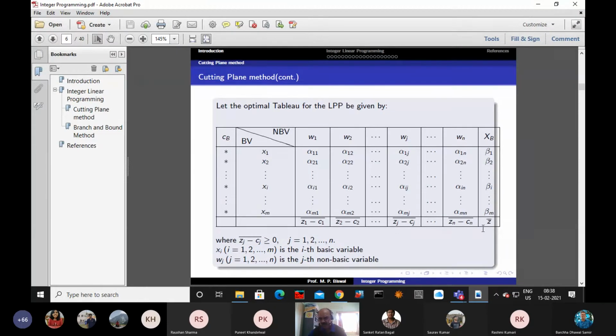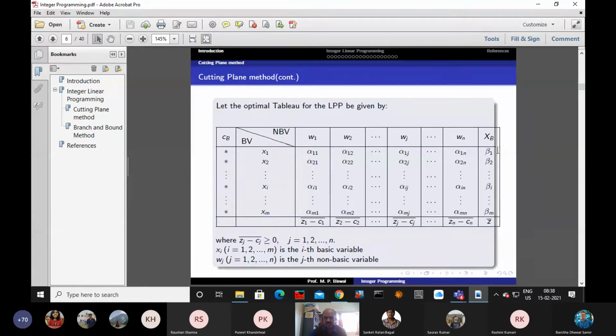And z bar is the value of the objective function. But what will happen to beta 1, beta 2 up to beta m? What is the guarantee that they are integers? We cannot say they are integers. If they happen to be integers, then no need of thinking anything, we stop here. We got the optimal solution.